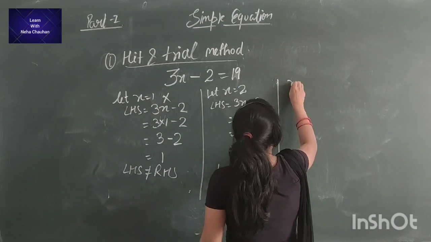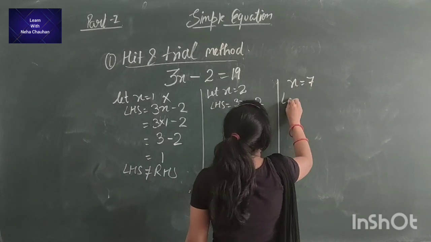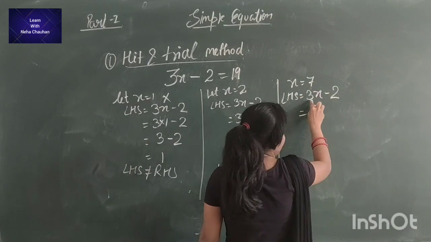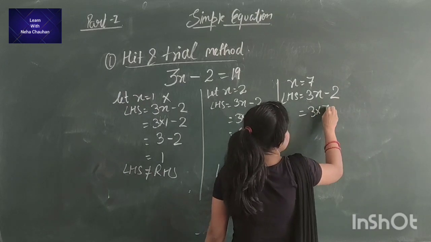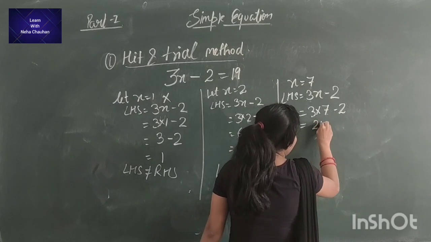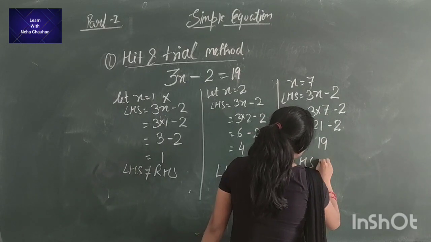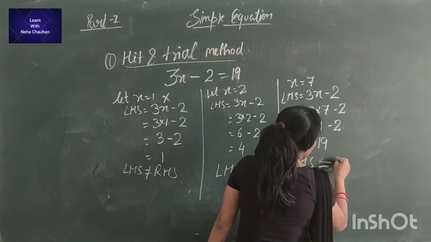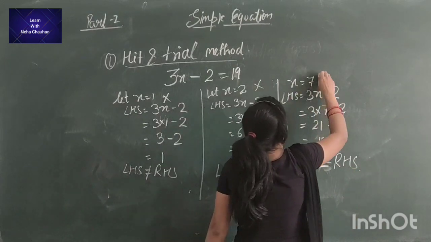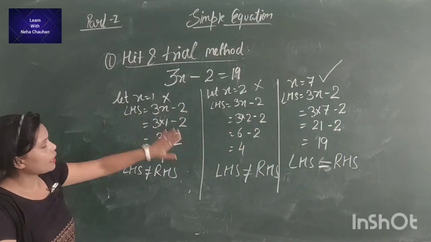If I take x is equal to 7, LHS 3x minus 2. So in the place of x we will write 3 times 7 minus 2. 3 7s are 21 minus 2. We will get 19. That is LHS is equal to RHS. So we get that x is equal to 7 here. Okay. So this is the hit and trial method.